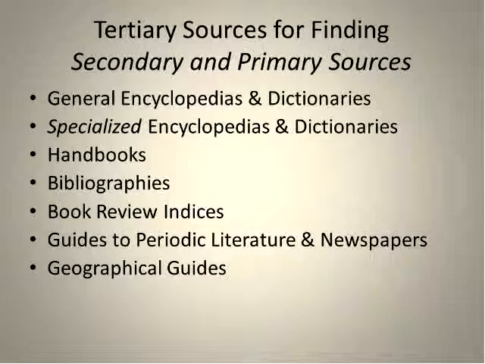Okay. There are specialized encyclopedias and dictionaries like the Encyclopedia of Southern Culture. Now, even though I ask you to not cite or use in your required number of citations tertiary sources like general encyclopedias, if you use specialized encyclopedias, then that's okay in most instances to include in your bibliography, and that will count toward the required number of sources that you must have.